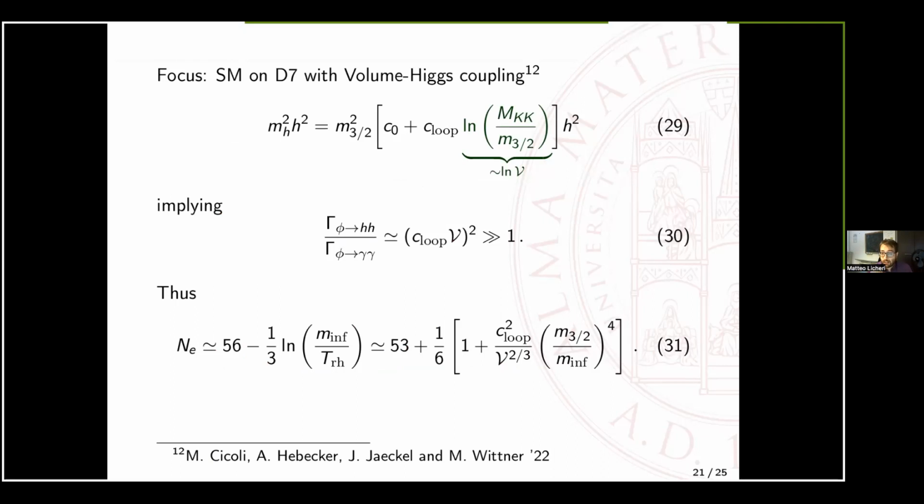This means that the decay ratio between the inflaton to the Higgs over the inflaton to radiation, gamma, is given by C loop times volume squared, that is much bigger than 1. So this means that the inflaton mostly decays into Higgs. This means that the number of e-foldings is now given in equation 31 by 53 plus 1/6 of this combination of the volume and the gravitational mass over the inflaton mass.